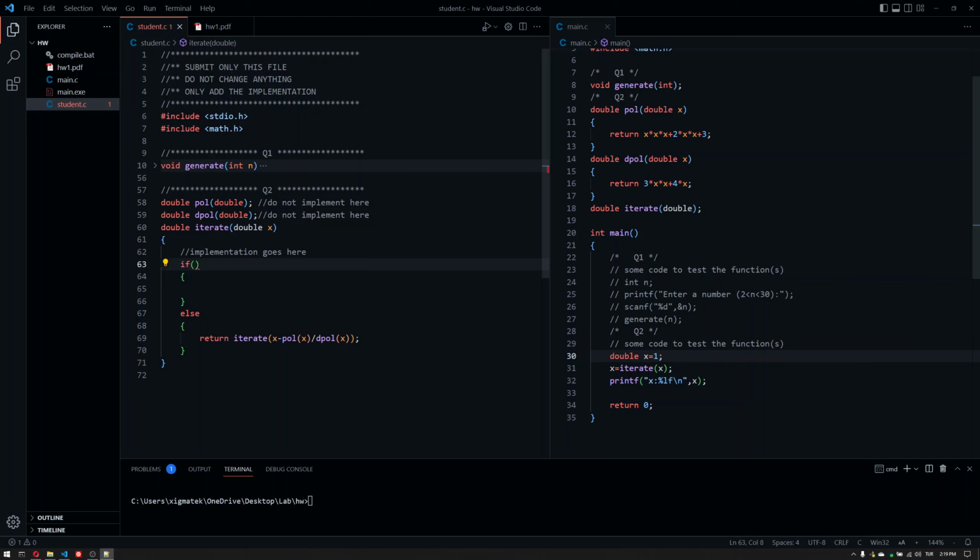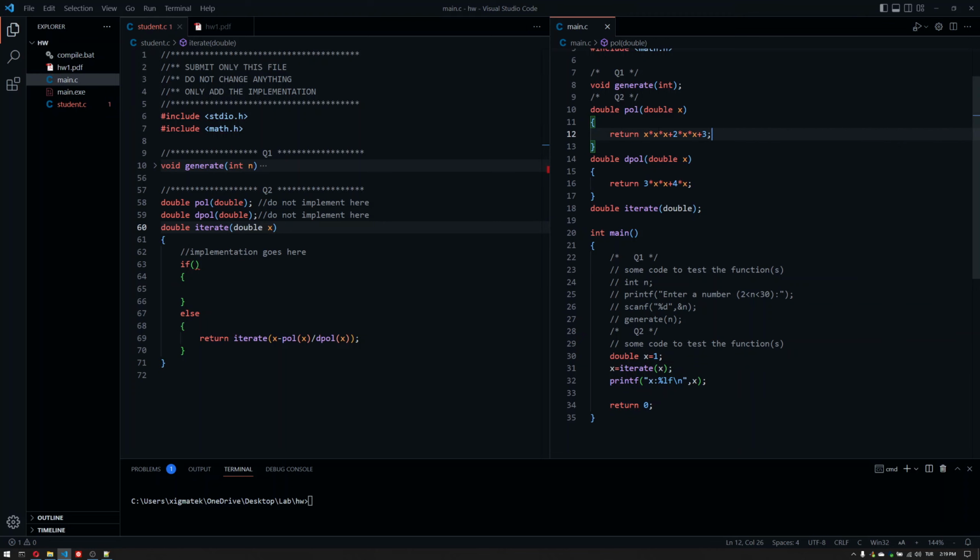Well, we know for a fact that since we have a polynomial and it should be equal to 0, we are trying to solve x cubed plus 2x squared plus 3 equals 0. So it's important to note that the polynomial satisfies itself. If we reach the root and plug it into pol, it should be close to 0. Ideally it should be 0, but numerically it should be close to 0.